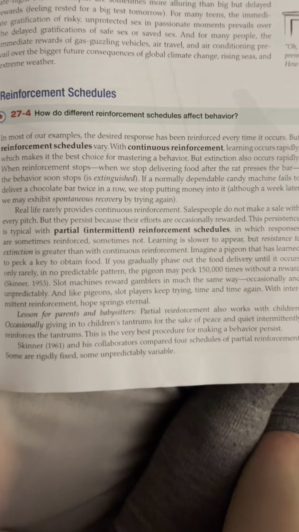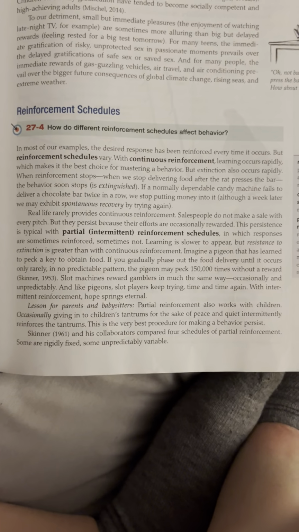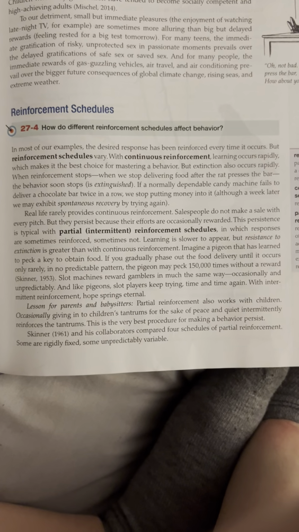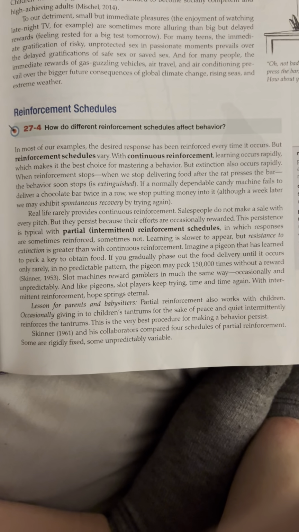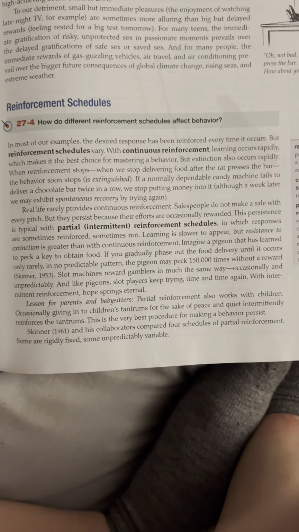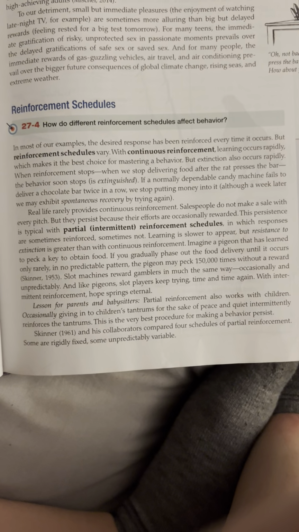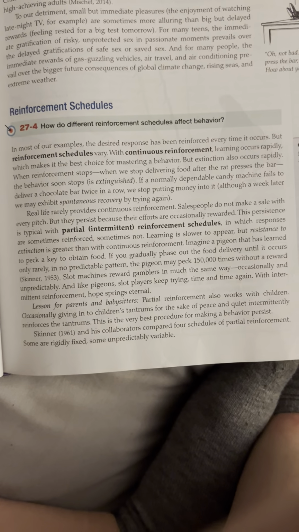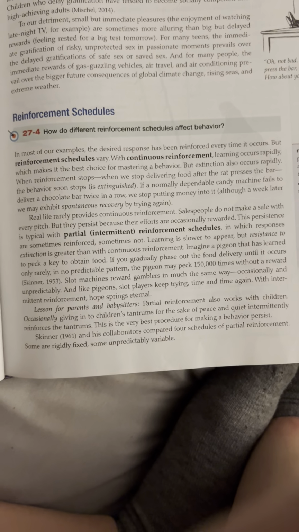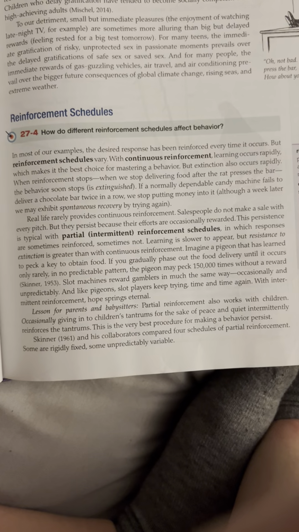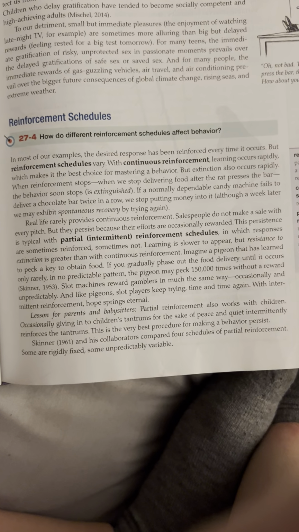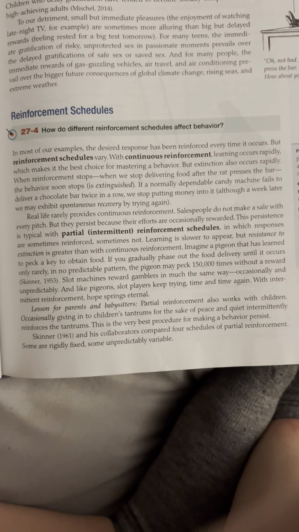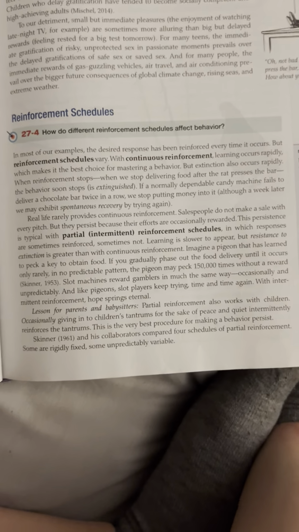Reinforcement schedules. In most of our examples, the desired response has been reinforced every time it occurs, but reinforcement schedules vary. With continuous reinforcement, learning occurs rapidly, which makes it the best choice for mastering a behavior, but extinction also occurs rapidly. When reinforcement stops, when we stop delivering food after the rat presses the bar, the behavior soon stops, is extinguished. If a normally dependable candy machine fails to deliver a chocolate bar twice in a row, we stop putting money into it, although a week later we may exhibit spontaneous recovery by trying again.